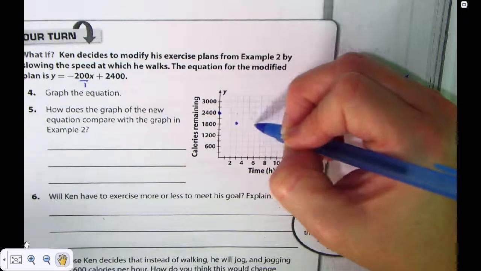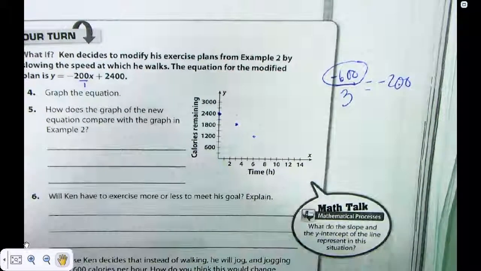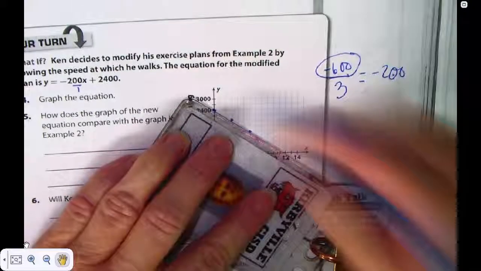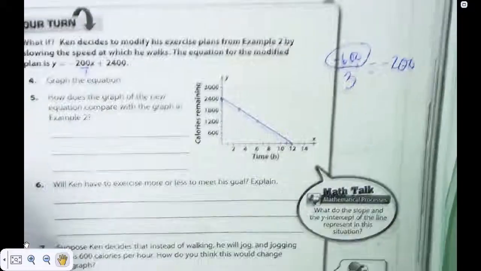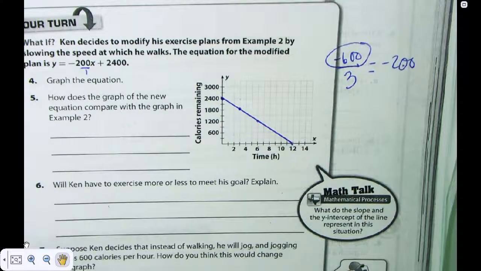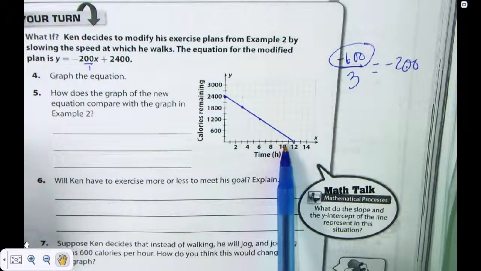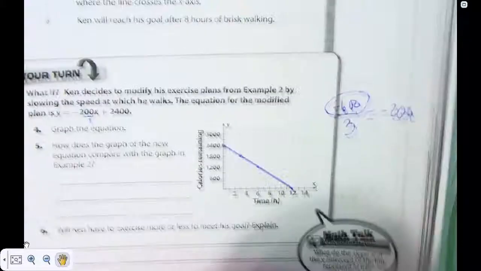Go over 3 hours, down 600 again. So at 12 hours, he's going to have his 2400 all burned off. Does that make sense?